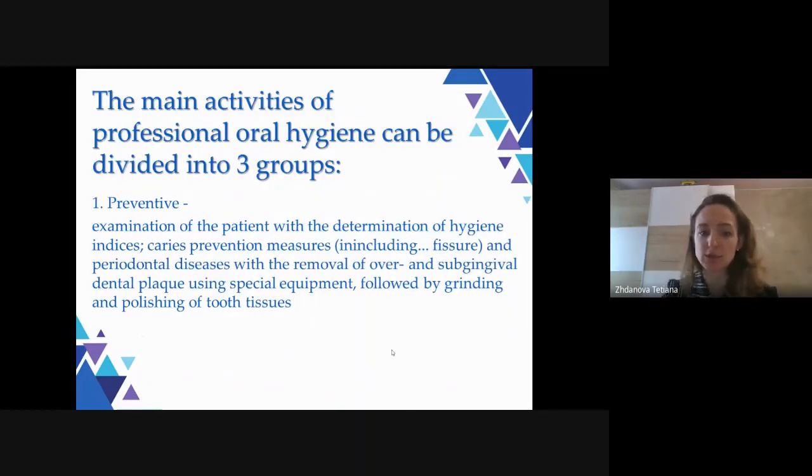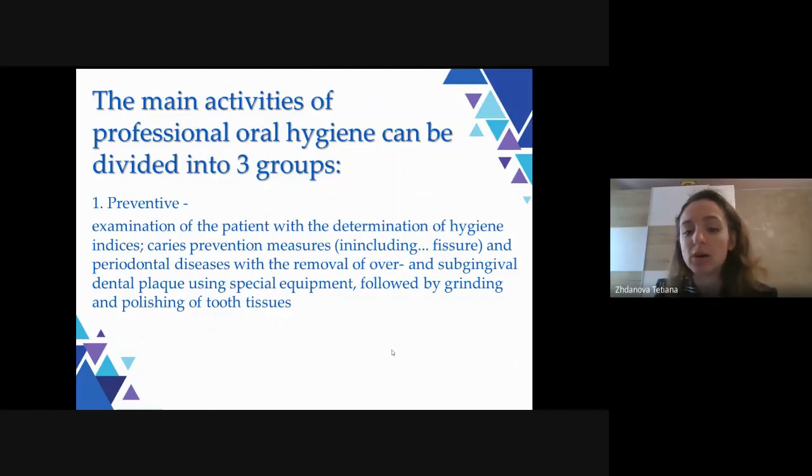And the main activities we can divide into three groups. First group is preventive. Of course, it is examination of the patient. Then we calculate the indexes of oral hygiene, then caries prevention measures.